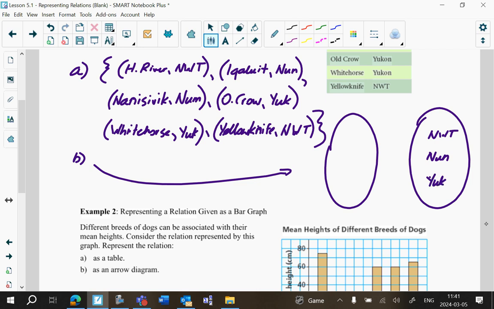In the first set of information, there's 6 different communities. And I'm just going to go, so I don't have much space. Hay River, IQ for Iqaluit, NAN for Nanisivik, OC for Old Crow, Whitehorse, and Yellowknife. I'll just put white and yellow.